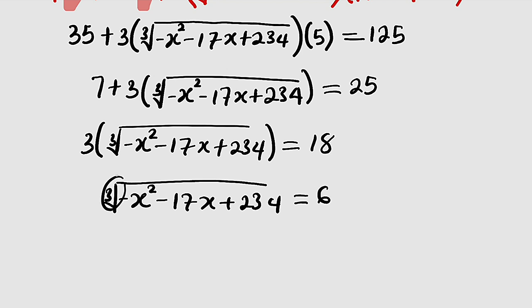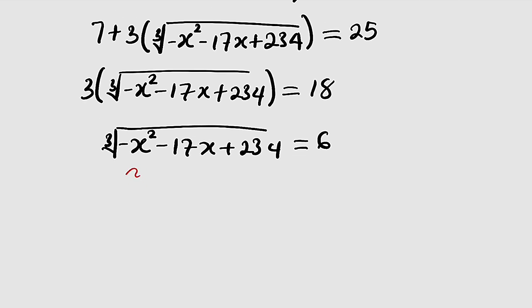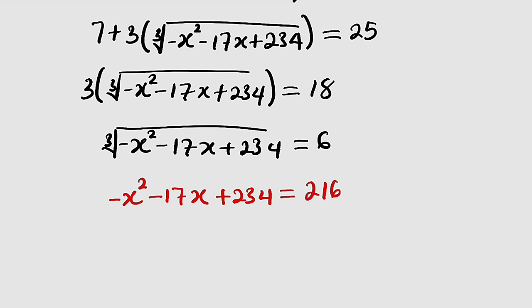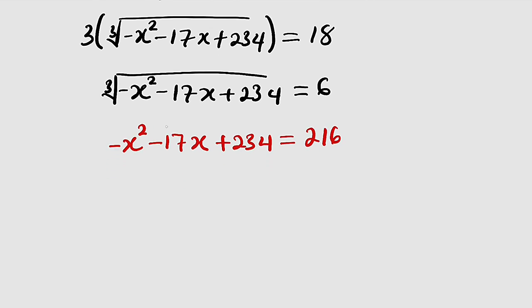Now to get rid of this cube root, we are going to cube both sides again. If you do that, you're going to be left with only the radicand, negative x squared minus 17x plus 234. And this is equal to 6 to the power of 3, which is 216. All right. I would like to take all of these terms to the right hand side.